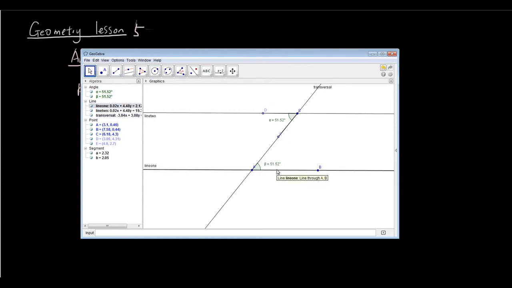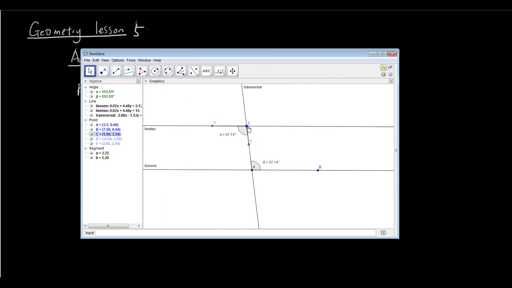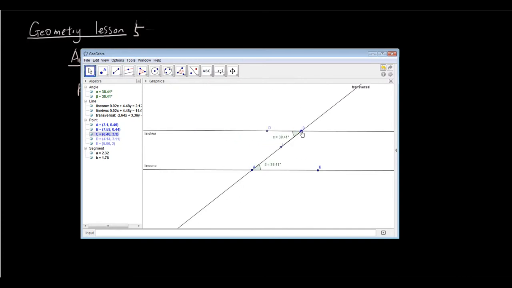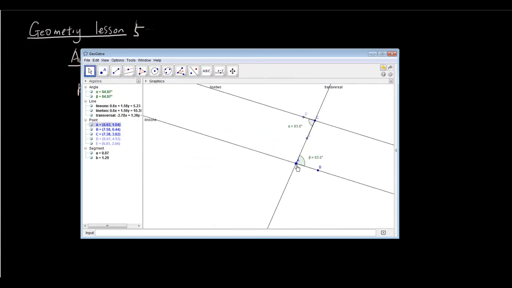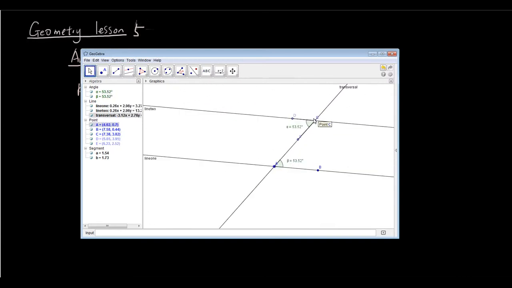So alternate angles are equal. As you can see, it doesn't matter how I change these points, as long as you have a pair of parallel lines, line 1 and line 2, the alternate angles will be equal.